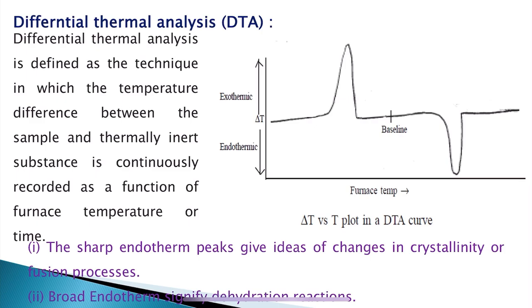We saw how the decomposition of copper sulfate takes place, and the thermogram showed 6 peaks, indicating that there are 6 decomposition steps when copper sulfate pentahydrate is heated. So this is where we stopped in our previous class.